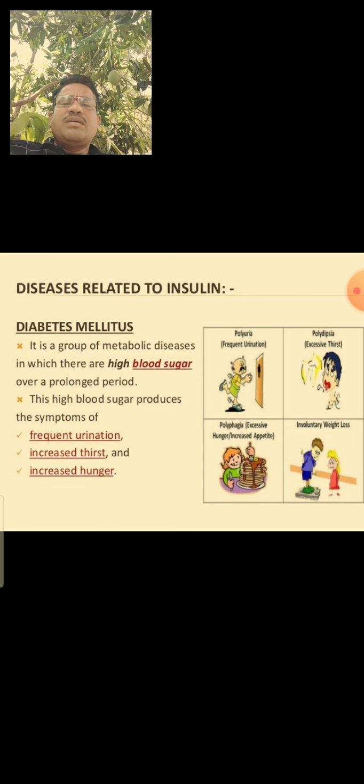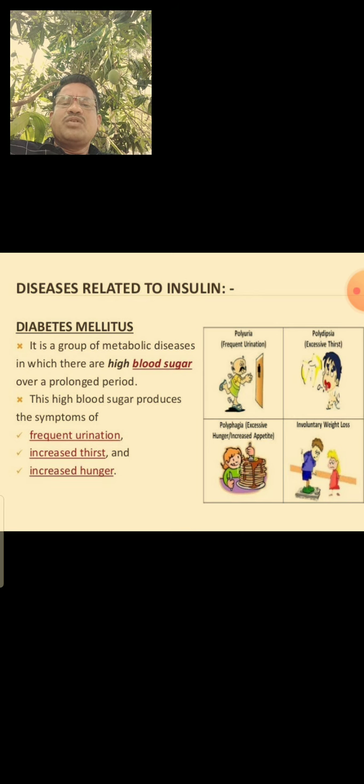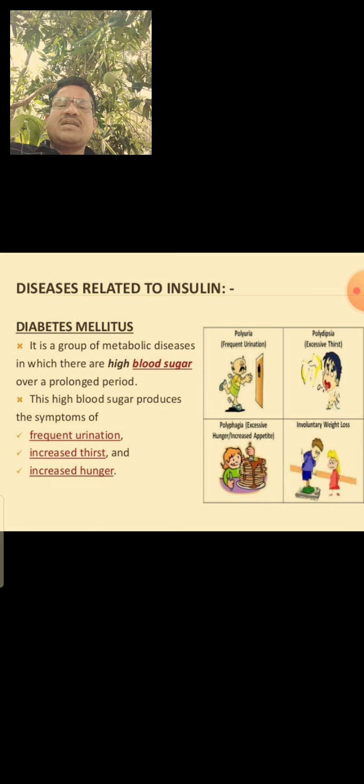Diabetes mellitus. So, what is diabetes mellitus? It is a group of metabolic diseases in which there is high blood sugar over a prolonged period. This high blood sugar produces the symptoms of frequent urination, increased thirst and increased hunger. These are the three characteristics of diabetes mellitus.